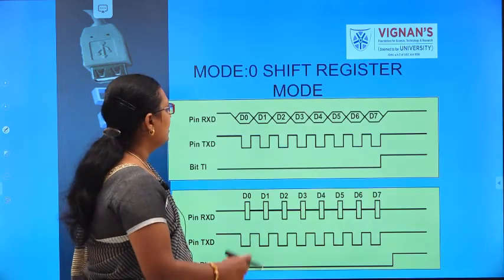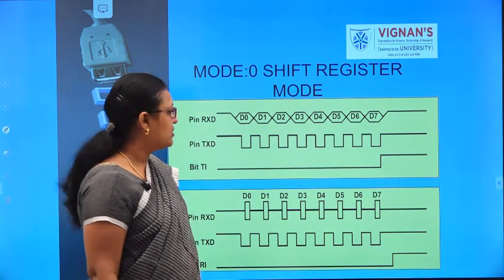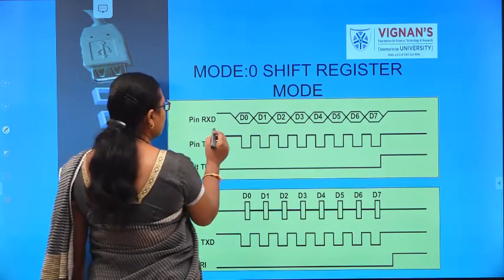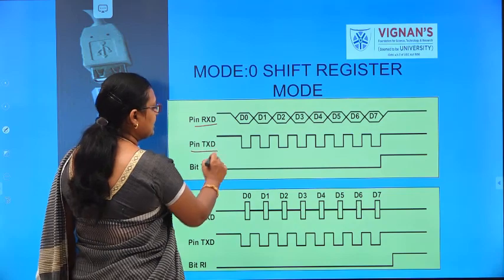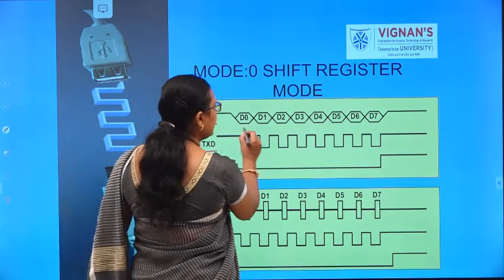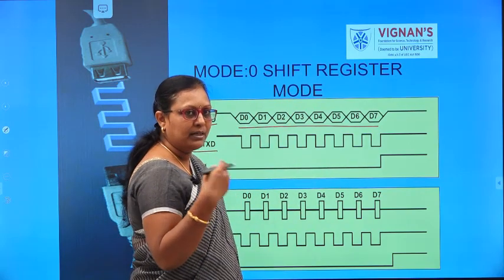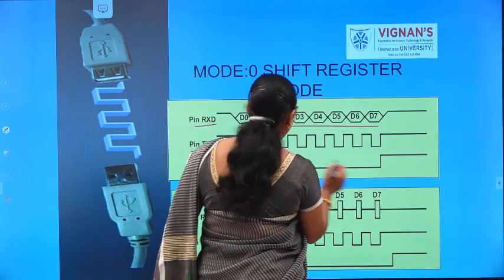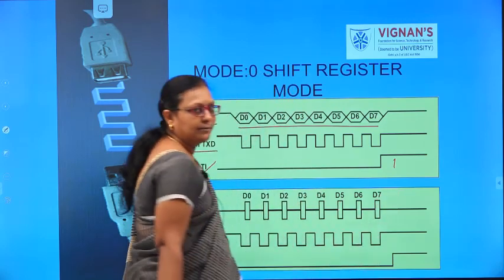Then this is the shift register mode, that is mode 0, and this is how the data are transferred. RxD is nothing but the receiver pin, and TXD is the transmitter pin. 8 bits are transmitted. After the proper transmission, the transmit interrupt flag TI is set to 1.